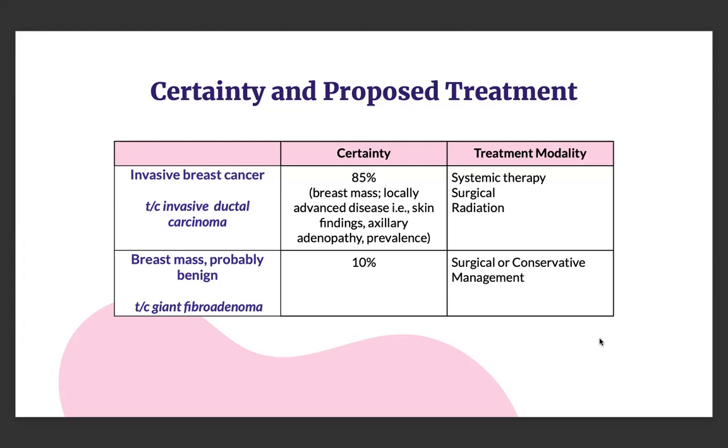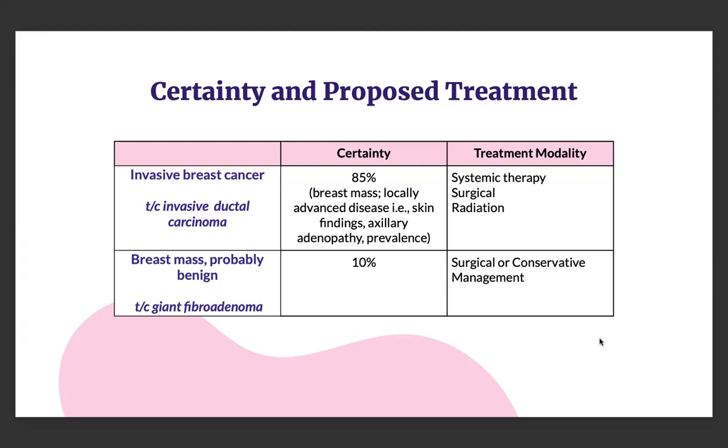It's also the most common kind of breast cancer. So we put it quite high, but we're still not certain because the treatment modality is different between invasive breast cancer and breast mass, probably benign. So we need more diagnostic tests in order to commit to this diagnosis.